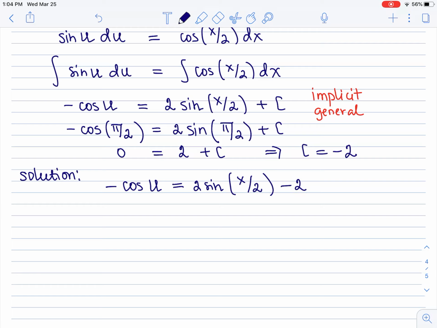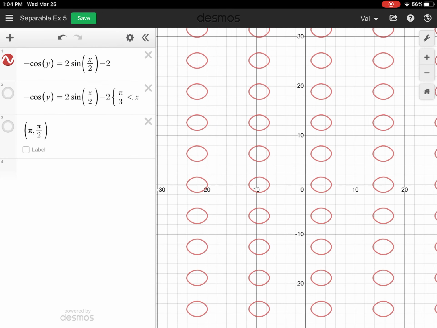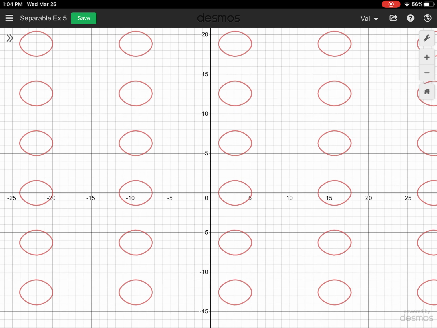Let's go ahead and graph this and see what the curve looks like, and then we'll decide which part we're going to accept as our solution. I already did the graph, and you'll see infinitely many of these circular or elliptical objects.